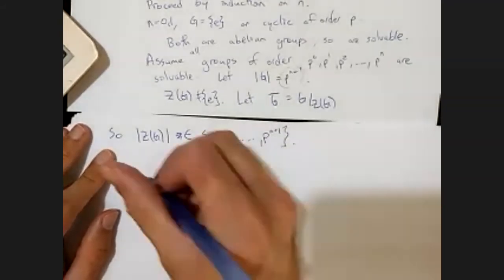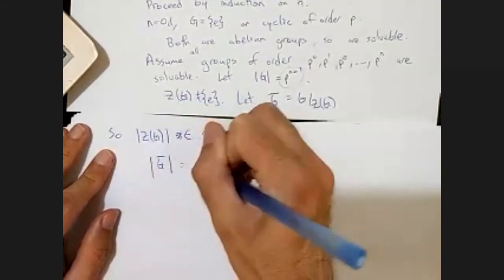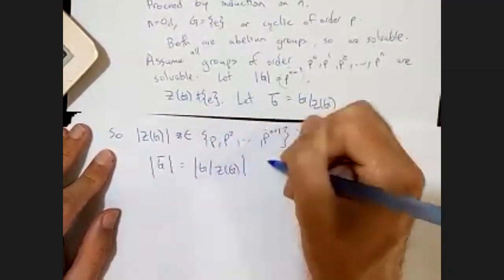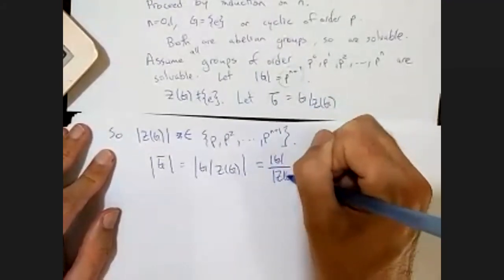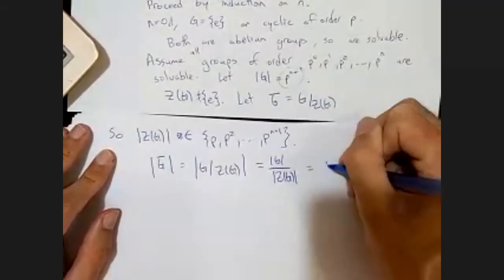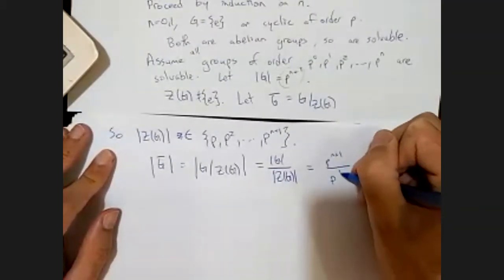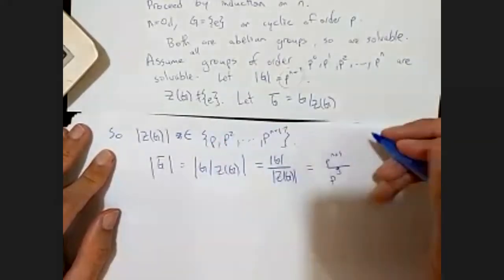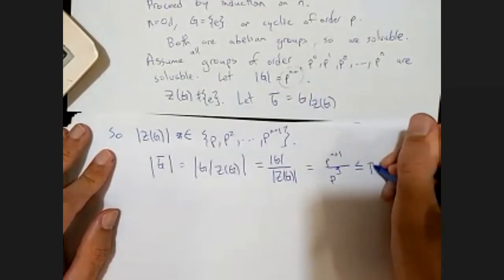Okay, but the order of G bar, which is the order of G mod the center of G, is just the order of G divided by the order of the center of G. It's P to the n plus 1 divided by some P to the J, where J is between 1 and n plus 1. In other words, this is less than or equal to P to the n.